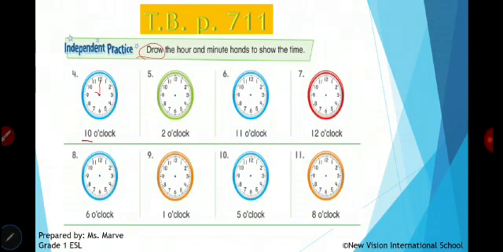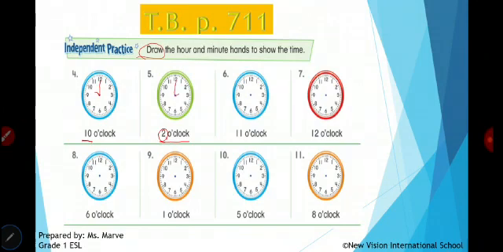How about on number 5? It is 2 o'clock. Can you help me draw the shorthand and the longhand? We are going to point the shorthand at 2. There. And the longhand, we're going to draw it to 12. Very good.